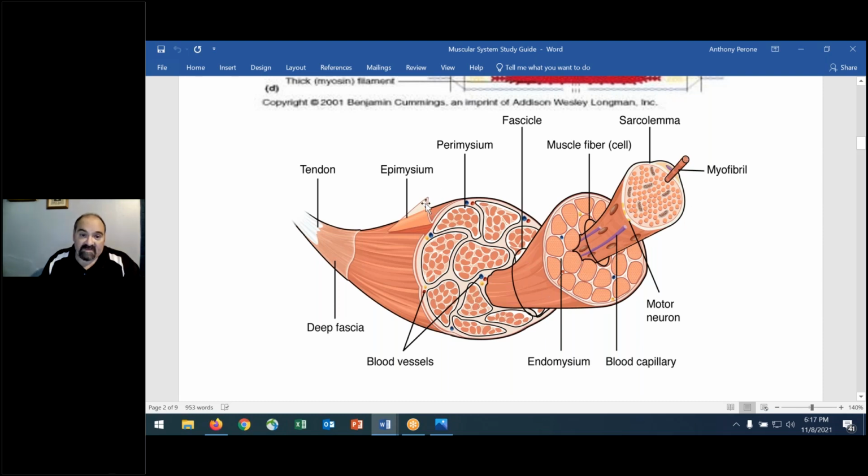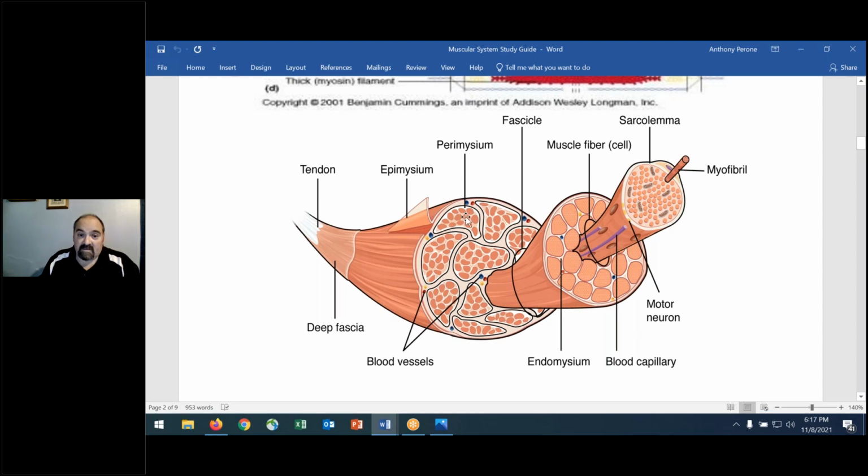Recall the different connective tissue coverings: epimysium, perimysium, and endomysium. The epimysium covers the whole muscle structure. The perimysium covers the fascicles, and the endomysium covers the muscle cells, also known as muscle fibers.